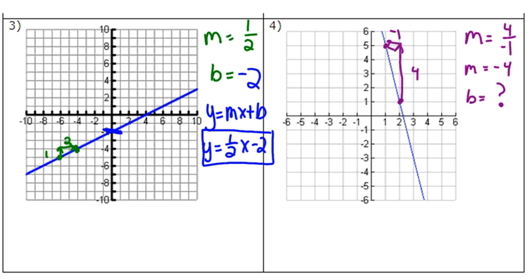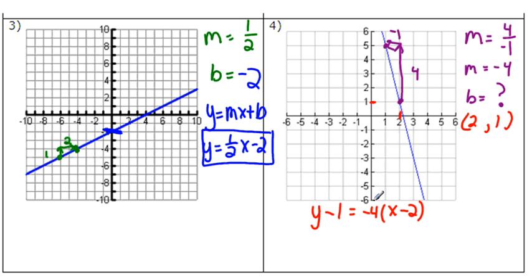If you don't know your y-intercept, you have to pick a point on your line. So I use one that I've found for slope. This is at 2, 1. Now I'm going to write it in point-slope form. So I'll do it down here where I have room. y minus 1 equals the slope, so negative 4, times x minus 2.